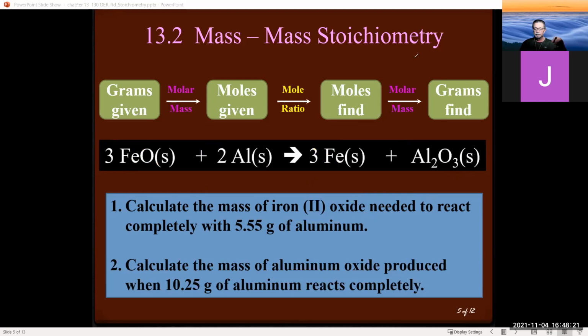Now the next one says calculate the mass of aluminum oxide. Whoa, I did something wrong, incorrect. Let me cancel what I just stated. I jumped ahead of myself. I'm reading 2 things at the same time. Let's back up, rewind real quick.